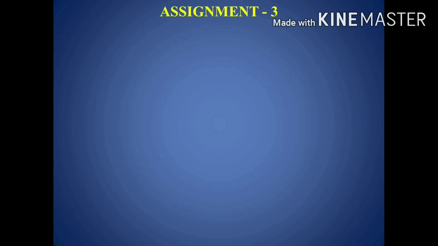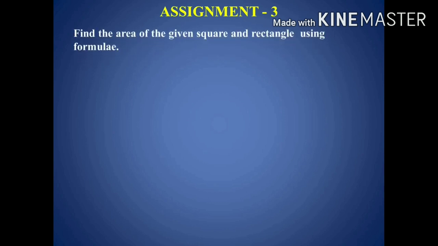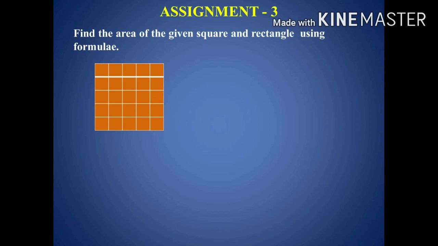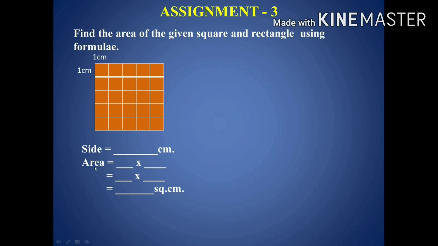Then the assignment third is find the area of the given square and rectangle using formulae. Here, a square which has many squares having 1 square centimeter area. You have to calculate side, then area. First you write the formula, then put the values in it to find the area.